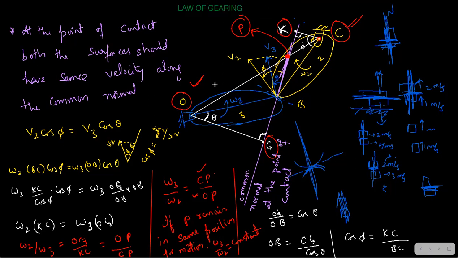The conclusion was that we can achieve that motion only if the common normal at the point of contact and the line joining the centers intersect at the same point for any kind of motion. With this, the derivation of the law of gearing is completed.